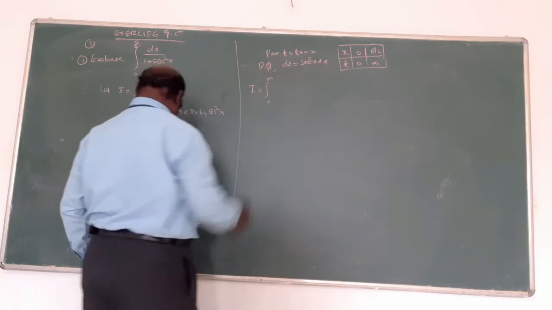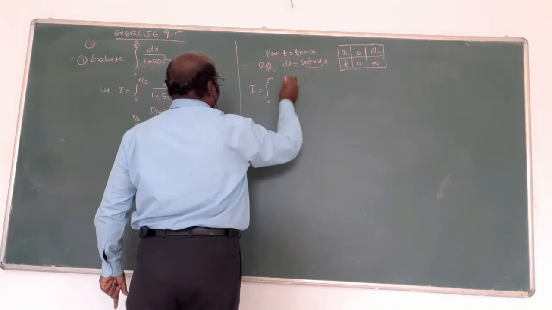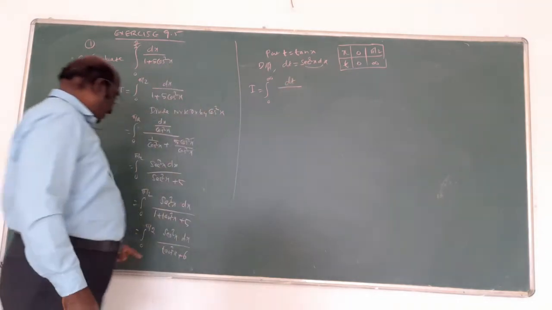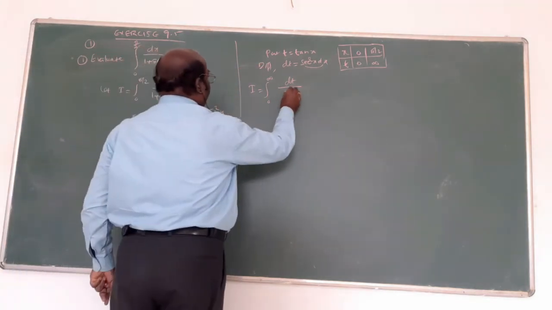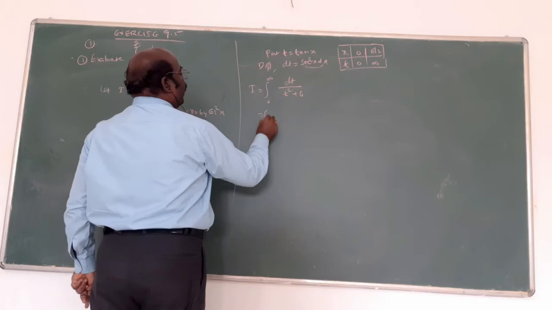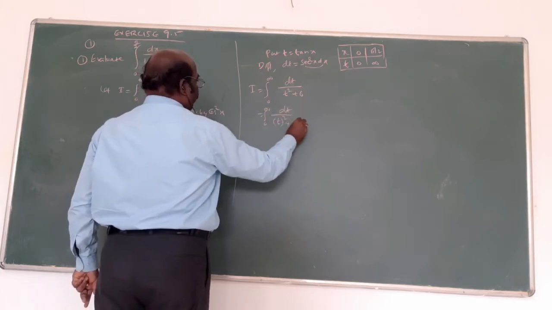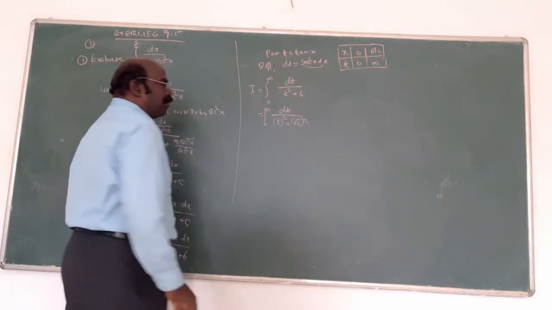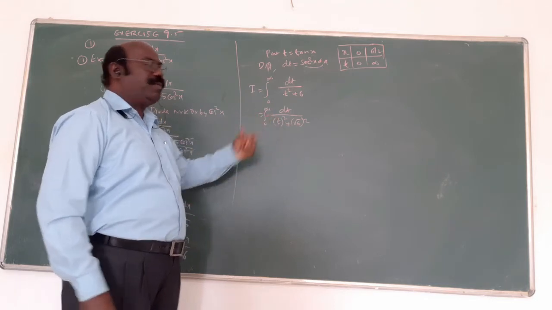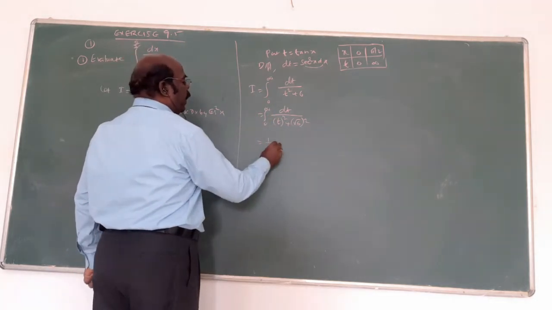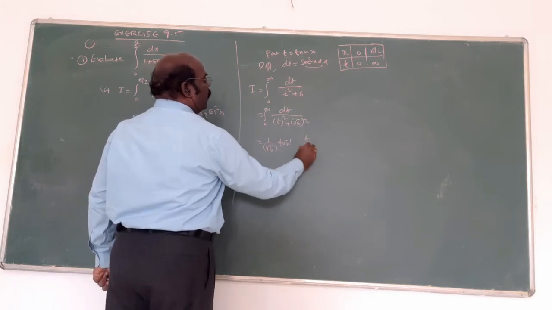Am I right? In the numerator, secant square x dx come together to make dt. Here tan x is also t. But tan square means t square plus 6. That is dt by t square plus root 6 whole square. Now it is of the form variable square plus constant square. What is the formula? 1 by a tan inverse of t by root 6.